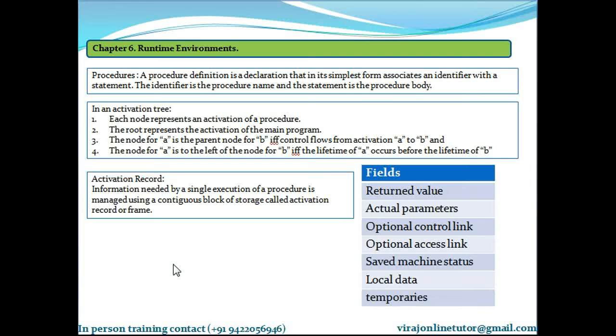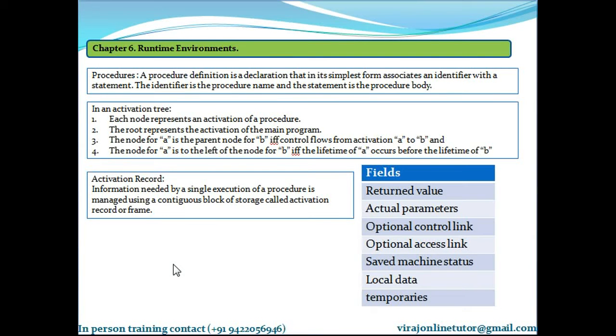So what is a procedure? A procedure definition is a declaration that in its simplest form associates an identifier with a statement. The identifier is the procedure name and the statement is the procedure body. Procedures that return values are called functions. When a procedure name appears within an executable statement, we say that the procedure is called at that point.